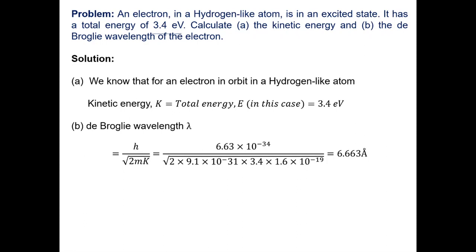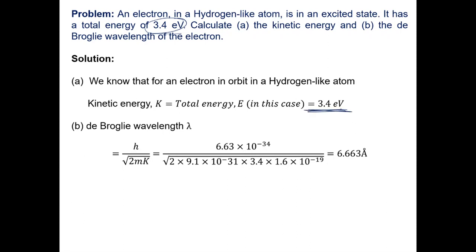I mean, the energy of the electron would be zero, and the system would have a net potential energy. So if the electron is in the excited state, the energy of the electron in the excited state is the kinetic energy of the electron, right? So that basically solves the first question.